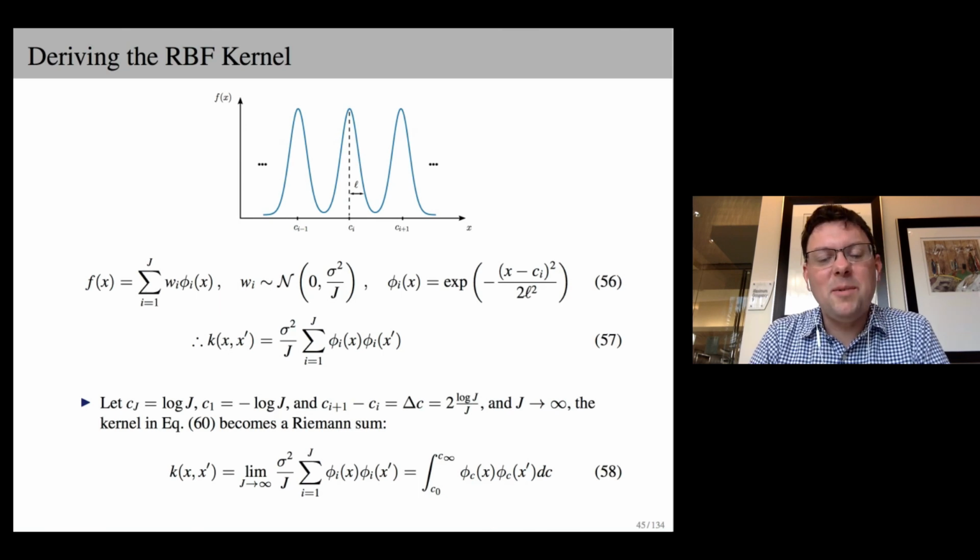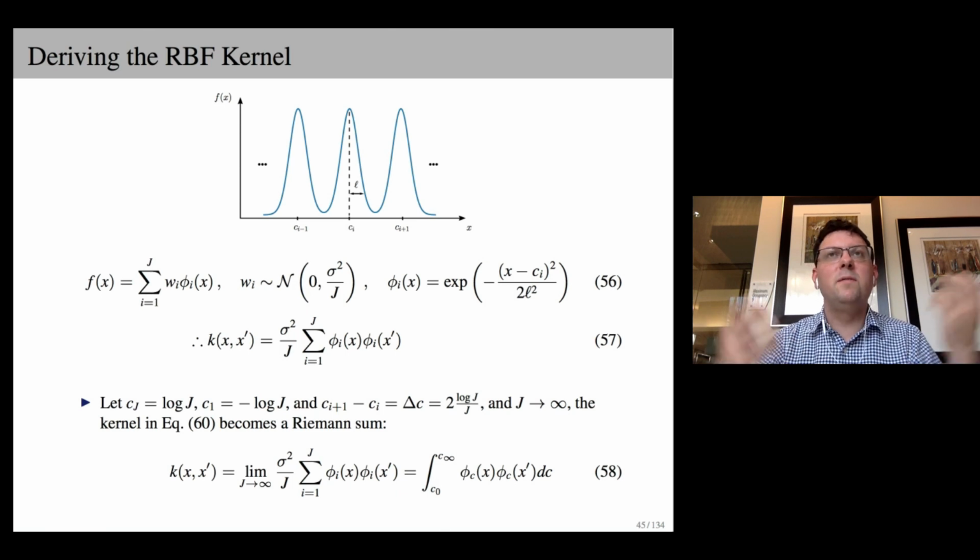Now let's consider what happens as we let the number of basis functions, J, go to infinity. We'll want these basis functions to cover the whole real line, so we'll let Cj, the center of the jth basis function, be log J, and C1, the center of the first basis function, be minus log J. If these basis functions are equally distributed, then the difference between the i plus first basis function and ith basis function will be 2 log J over J. So we see that that goes to 0 as J goes to infinity, which is why I used log J for the endpoints.